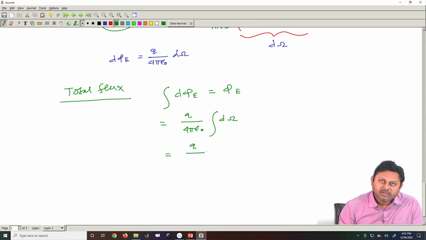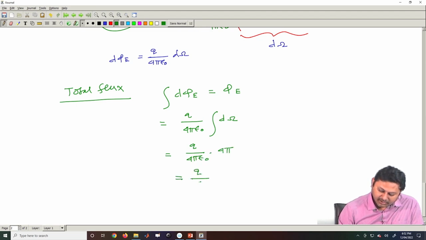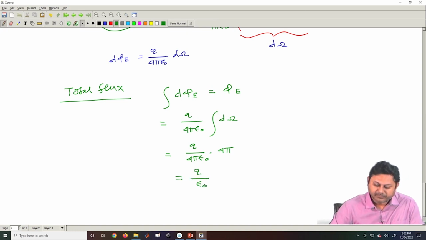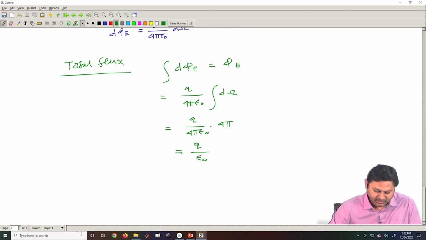So, I have q divided by 4 pi epsilon 0 multiplied by 4 pi. So, the 4 pi will cancel out and we have q divided by epsilon 0. Okay, that is the total flux.